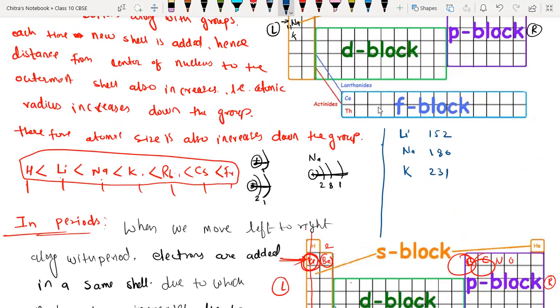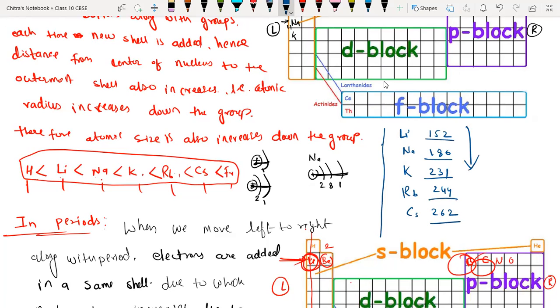After potassium we have rubidium, Rb, which is 244. After rubidium we have cesium, Cs, which is 262. Francium we are not discussing, since it is away from the trend. As we can see, when we move top to bottom, atomic radius increases all the time because new shells are being added.